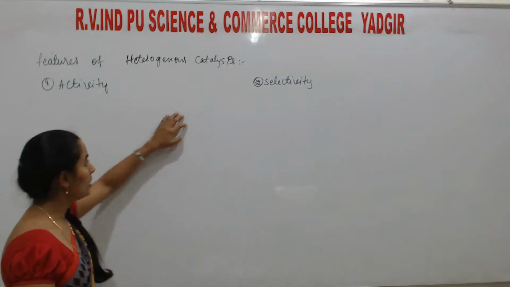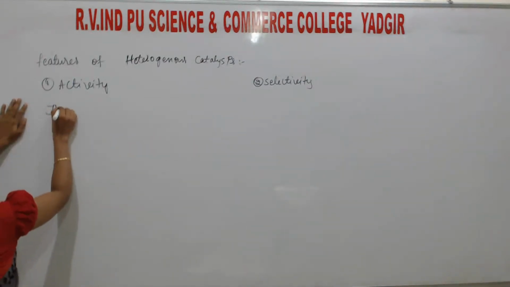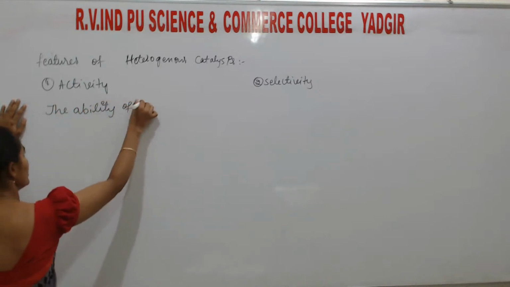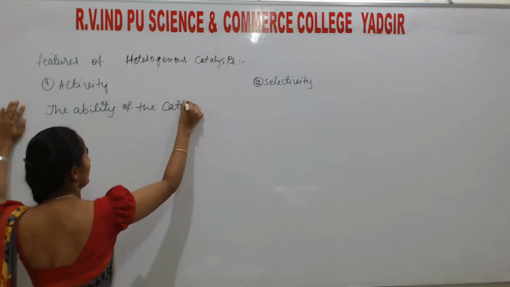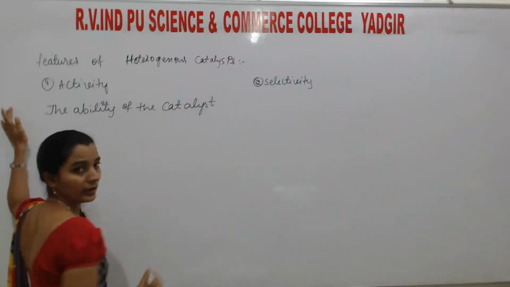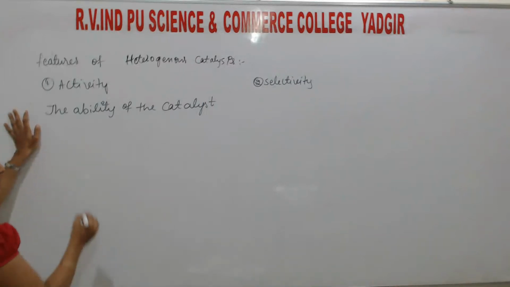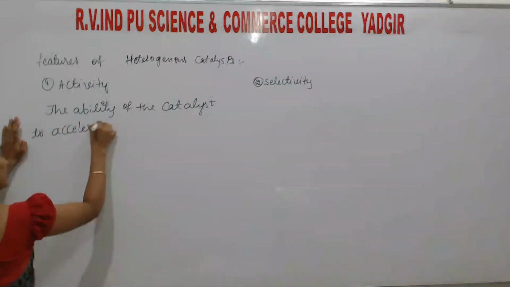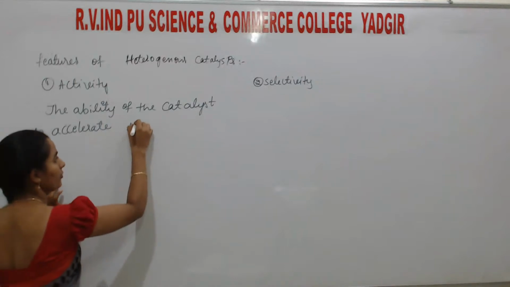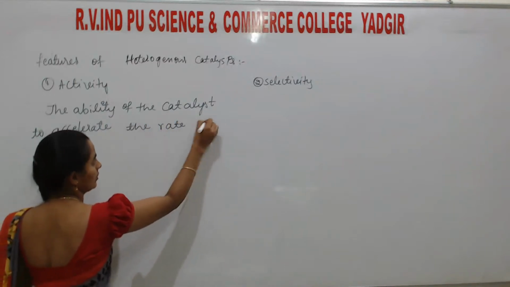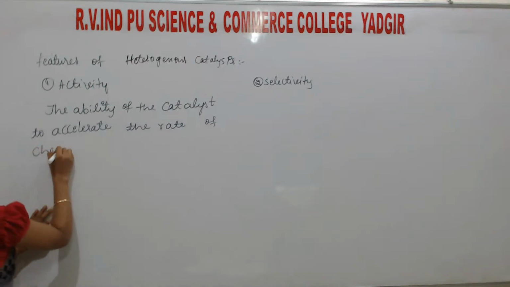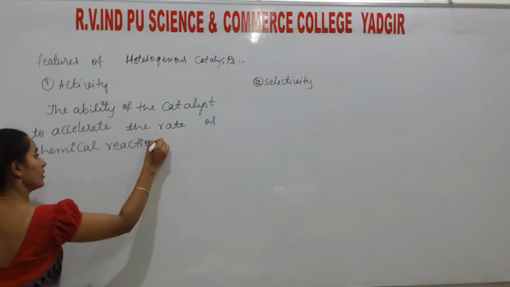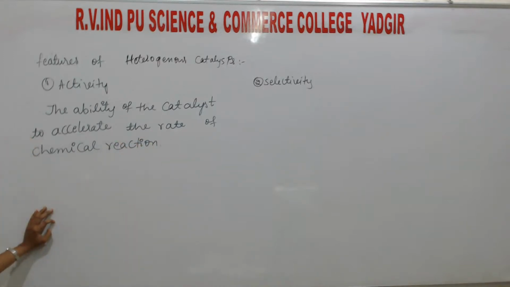So here, the ability of the catalyst to accelerate the rate of chemical reaction is called activity.